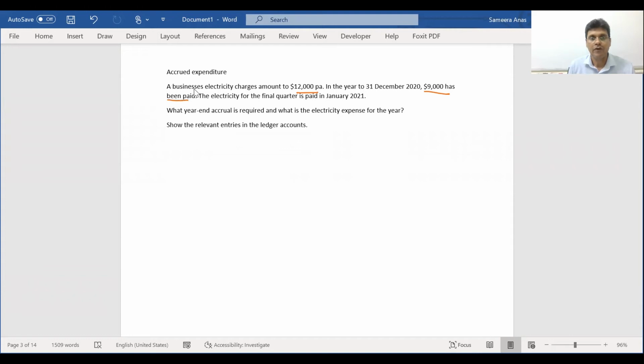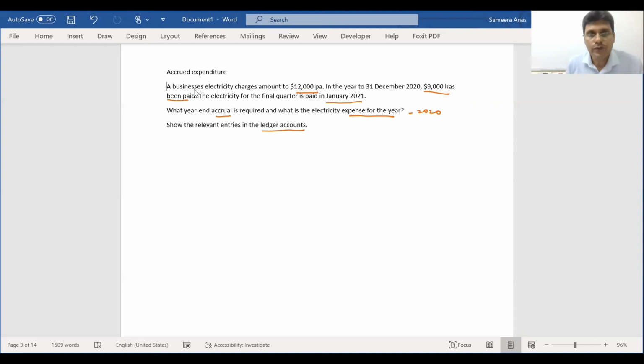The electricity for the final quarter is paid in January 2021. What year-end accrual is required and what is the electricity expense for the year 2020? Show the relevant entries in the ledger accounts.